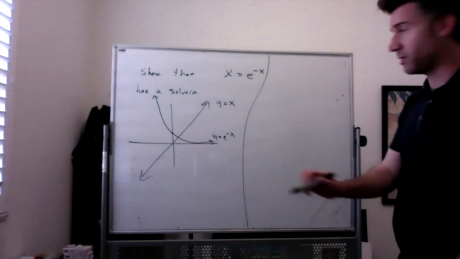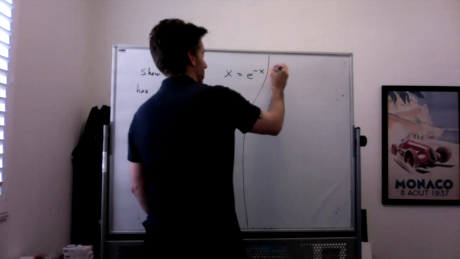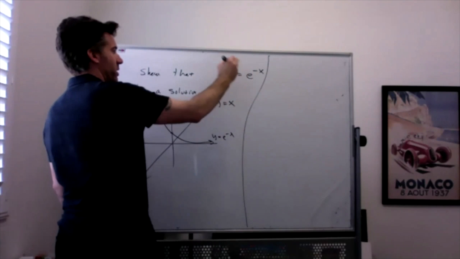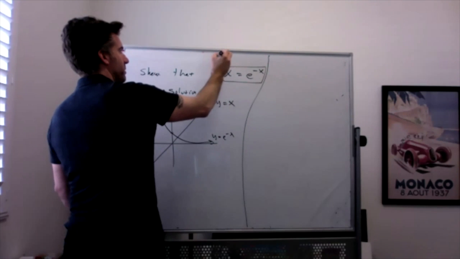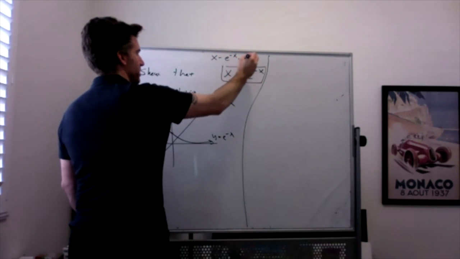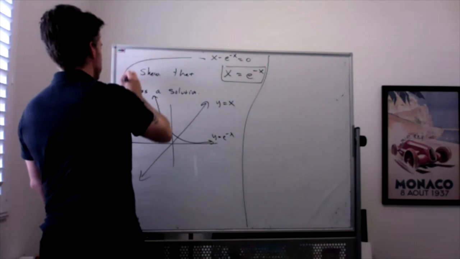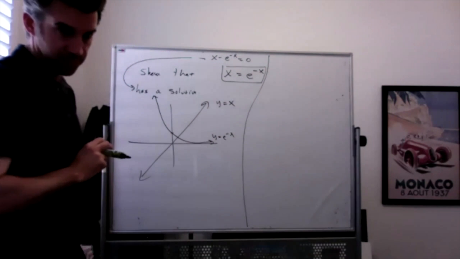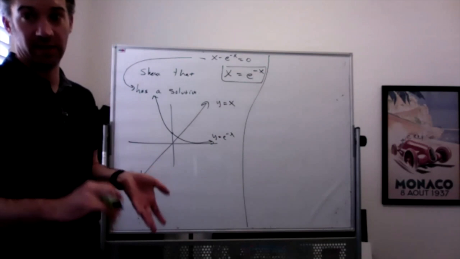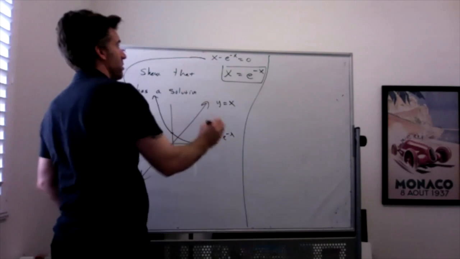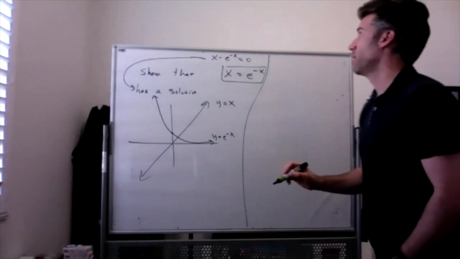First things first. We want to show that x minus e to the negative x equal to 0 has a solution. We always want to set it up so that it's something equal to 0 has a solution. Okay.